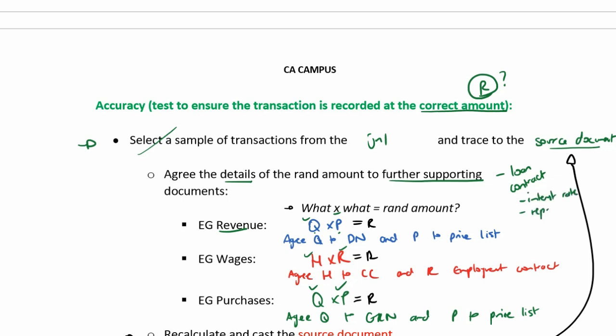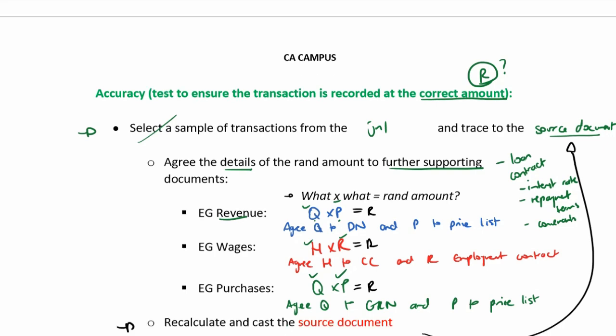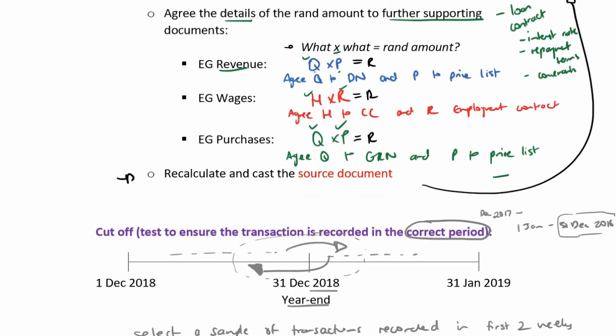The repayment terms. The covenants, because that's part of the terms of this contract. I'm going to have to then go and recalculate all of the above, the interest, the repayments, the covenant ratios to see if they have achieved them.